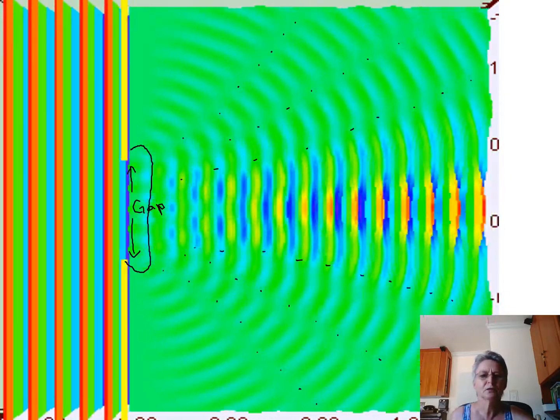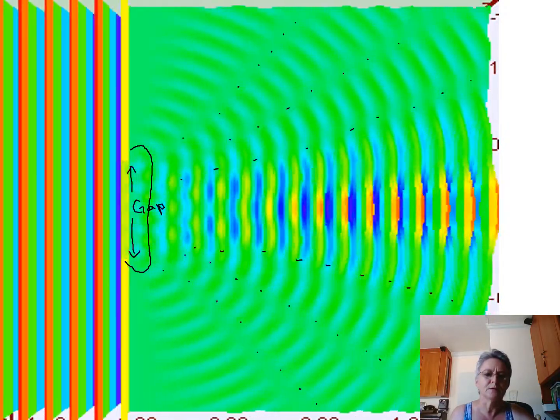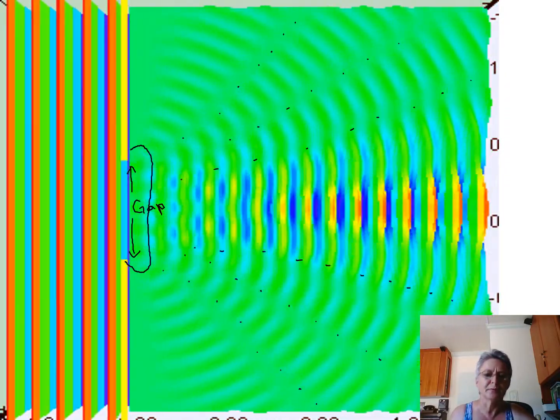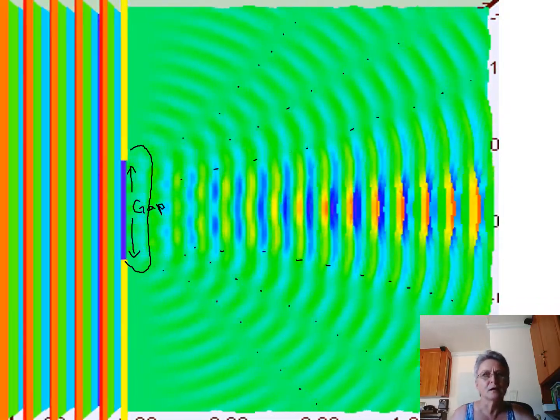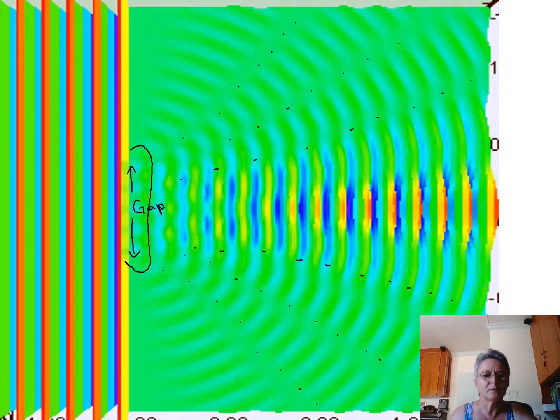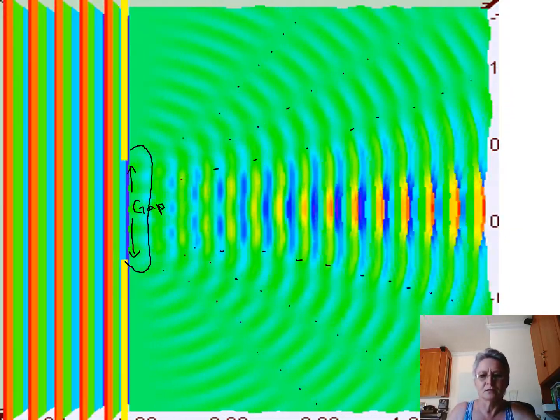So you can look, the distance between the wave crests is very small compared to the gap width. So if the gap is large compared to the wavelengths, the amount of bending of the waves is very small.